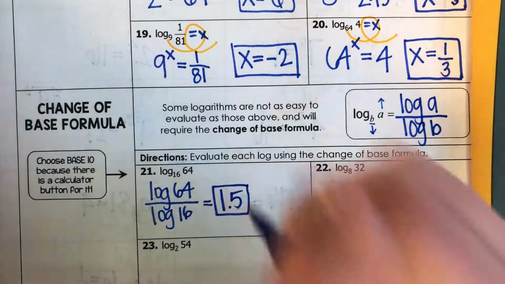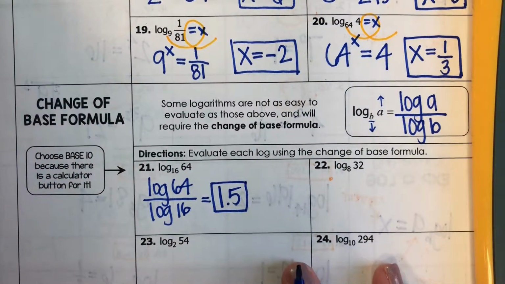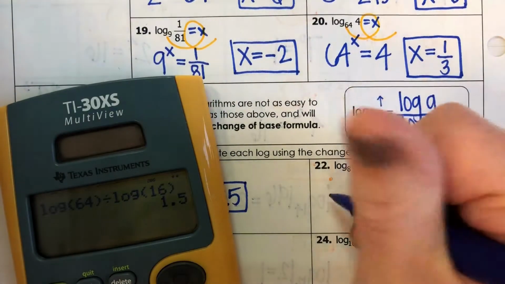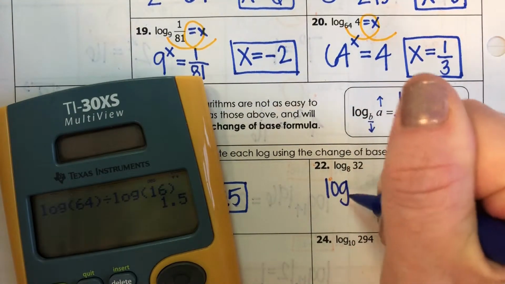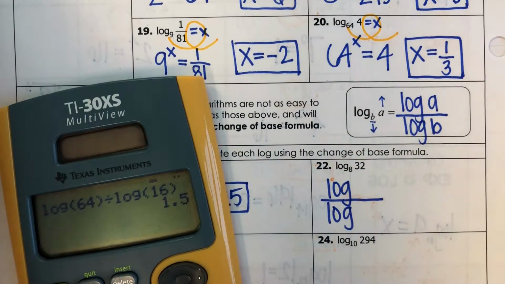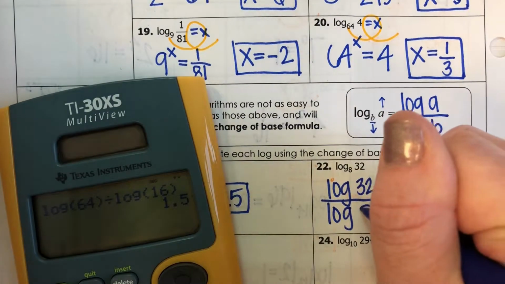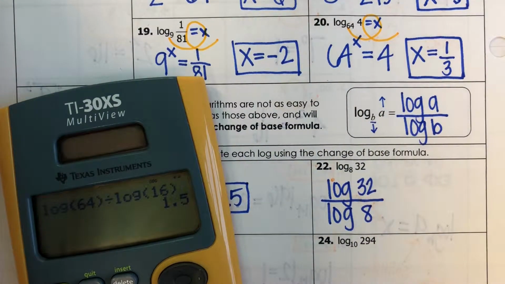They're not always going to come out to be pretty decimals like that. All right, number 22. I have log base 8 of 32. So I'm going to get this set up and do some division. I'm going to do log of 32 divided by log of 8.